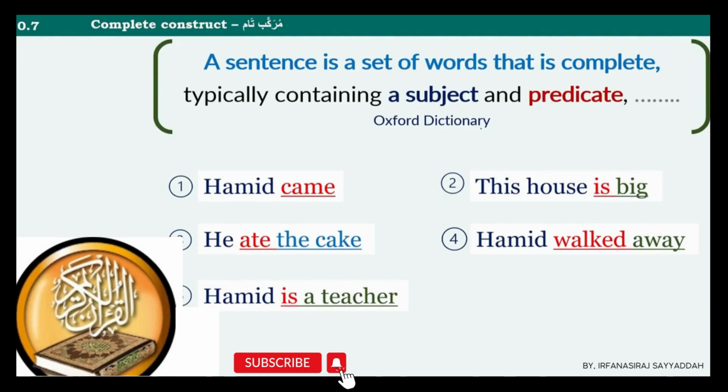I've collected for you the most standard English sentence structures. So for example, I have: Hamid came, this house is big, he ate the cake, Hamid walked away, Hamid is a teacher.